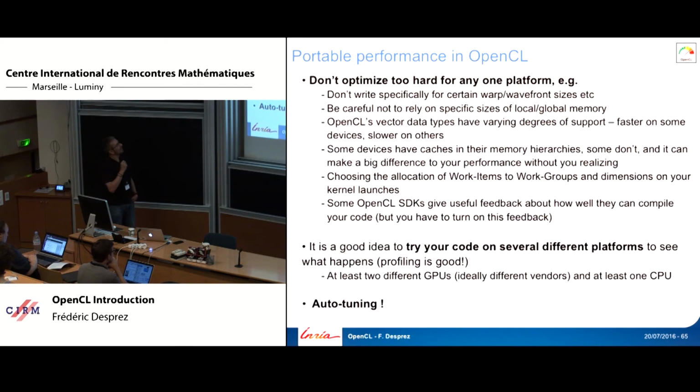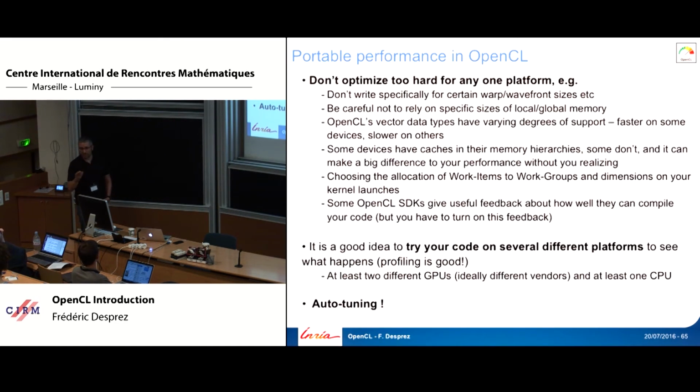You should have very portable code, but performance portability might not be there if you are not using the most appropriate sizes. Some devices have caches and some others do not. So don't rely on ideas specific to a device that has caches, for example. You choose your allocations of work items and work groups quite wisely and without having a specific platform in mind. Of course, if you can do some tuning of your code, I think the best way will be to do auto-tuning.